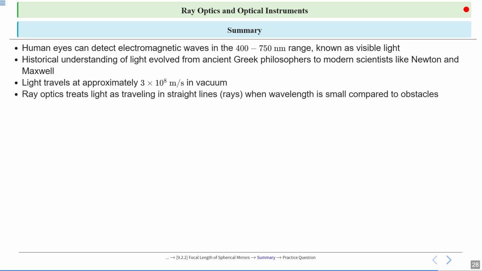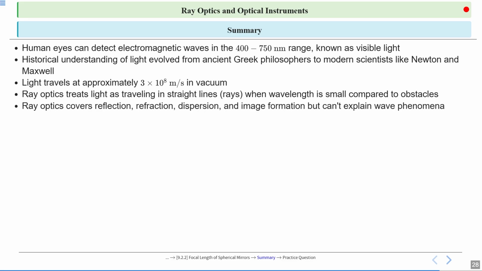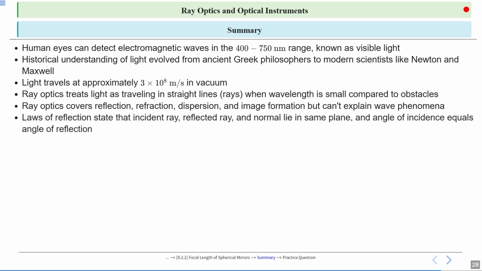Ray optics treats light as traveling in straight lines or in the form of rays when wavelength is small compared to the obstacles or apertures. Ray optics covers reflection, refraction, dispersion and image formation but can't explain wave phenomena. Wave phenomena will be explained in wave optics by considering the wave nature of light.